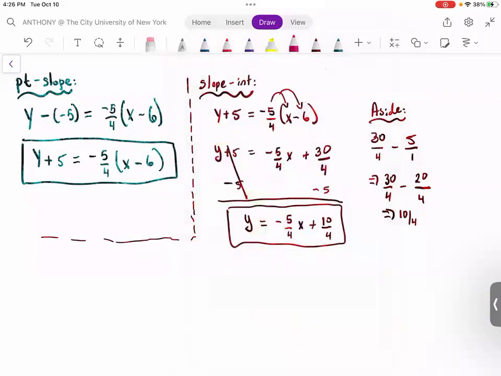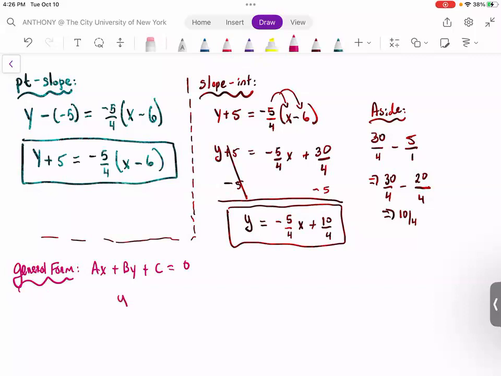All right, so for the general form, it's ax plus by plus c equals to 0. So all I gotta do is just convert the slope-intercept form back into general form. I'm basically moving everything to one side of the equation, all set equal to 0.